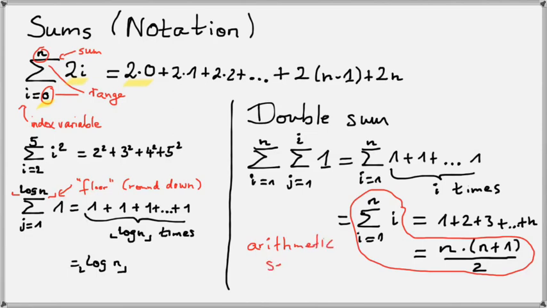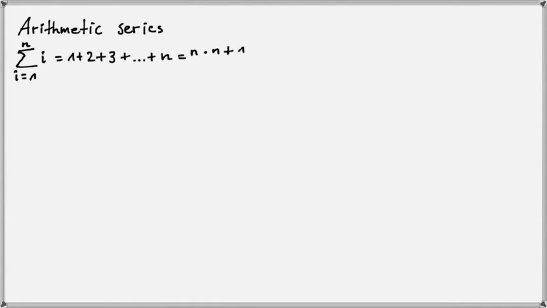Let's have a closer look at that, because that occurs quite frequently in the context of for loops, for instance. So what we just saw is our arithmetic series, the sum over i, and as I said, that is n times n plus 1 over 2. In terms of growth, we can rewrite this as n squared over 2 plus n over 2.